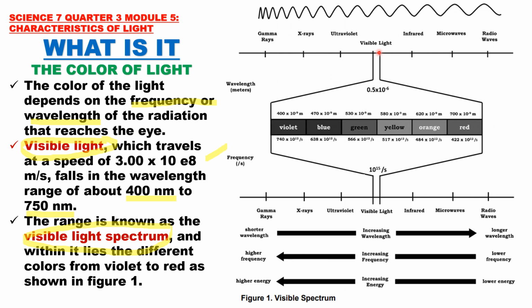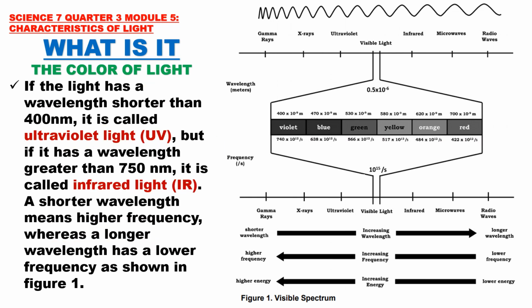So, ang electromagnetic wave na pwede lang makita ng ating mata ay ang visible light. So, within the visible light lies the different colors from violet to red. So, ang iba't ibang colors in the visible light spectrum are red, orange, yellow, green, blue, and violet.